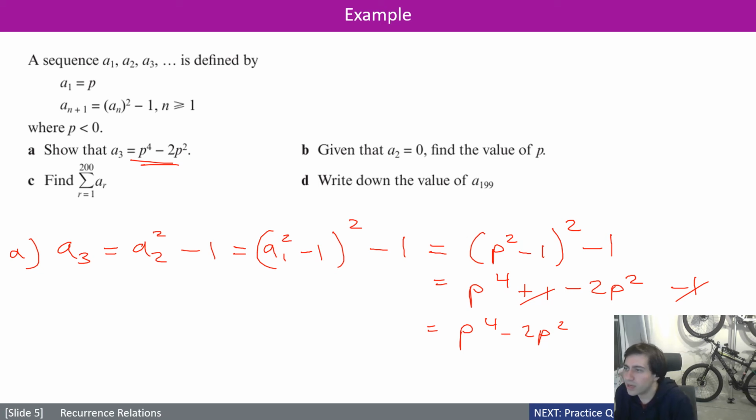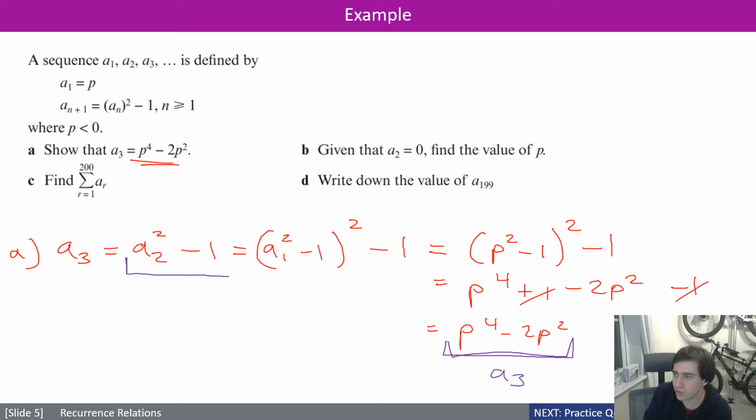All right, next, given that A2 equals 0, find the value of P. Let's see. Well, hang on. The easiest way to do this is to say, well, this thing here we just worked out was A3, but A3 is also equal to this, A2 squared minus 1. And we were just told that A2 is 0.